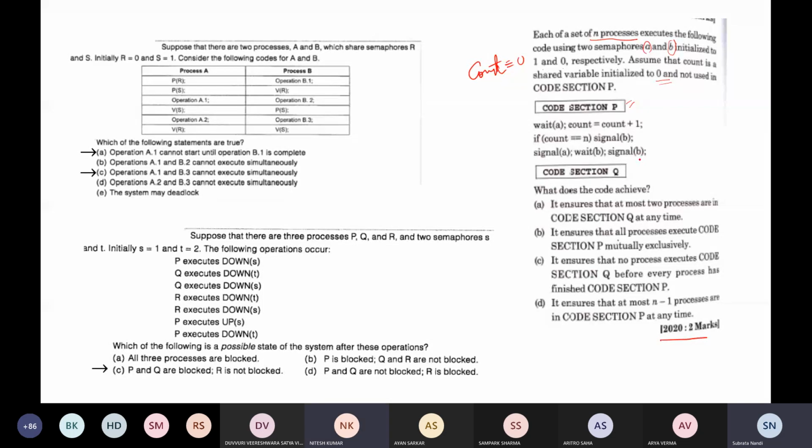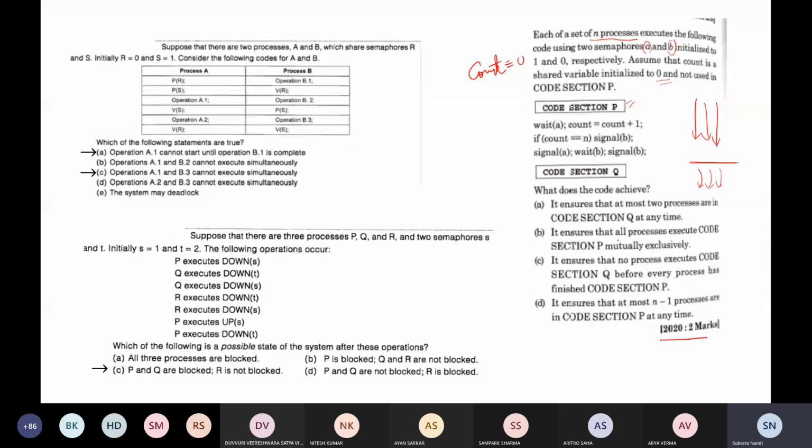It ensures that no process executes code section Q before every process has finished code section P. It says that everybody should cross through this part, so there is a kind of borderline here. Everybody should pass through this point so that they can jump to Q. So no process proceeds beyond that, and no process executes code Q.